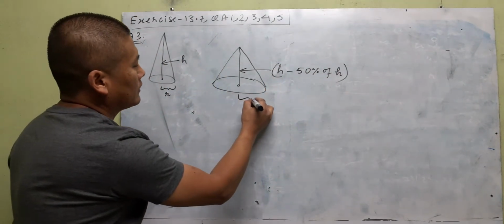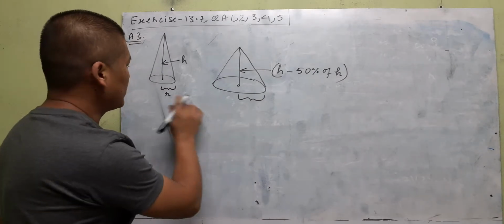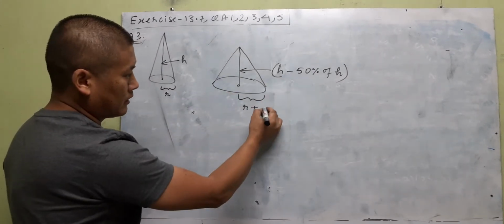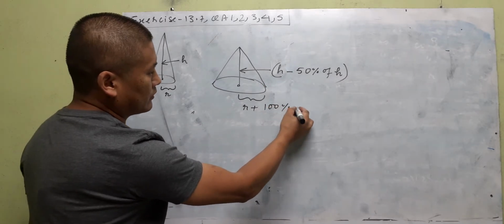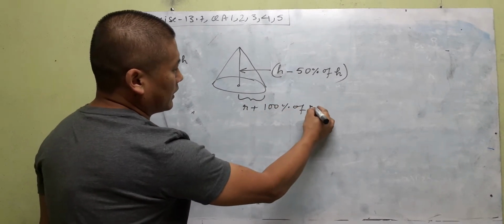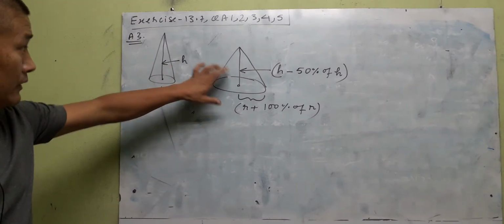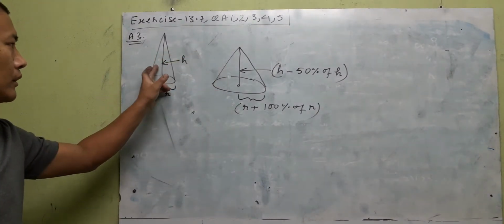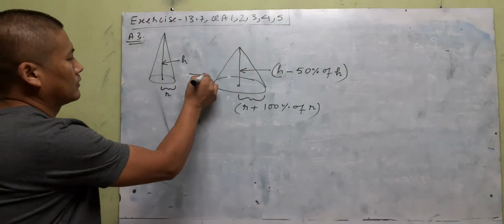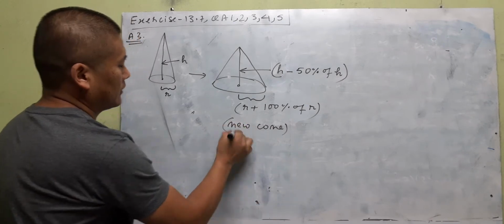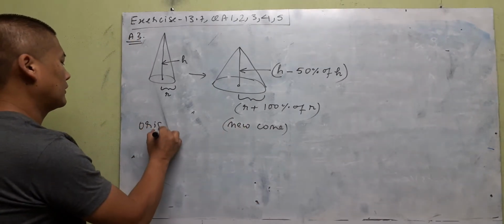And the radius is increased by 100%, means original radius plus, increase means plus, decrease means minus, 100% of whatever was the original r. So we have to find the volume of this one divided by this one, new cone by original cone.